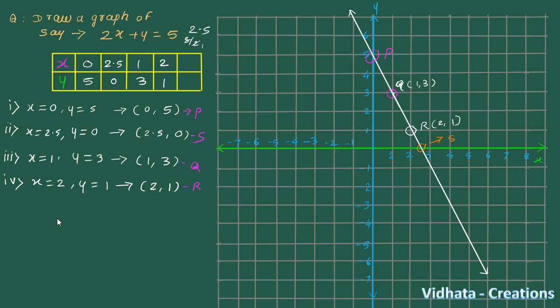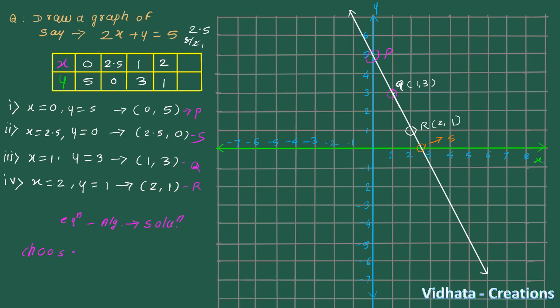First of all, we have the equation. Then by using an algebraic method, we find its solutions in the form of points, and choose only 2 points.